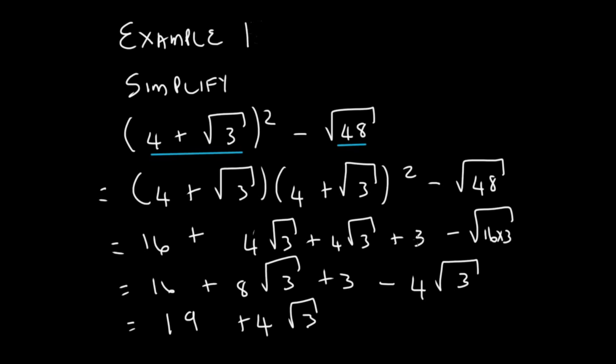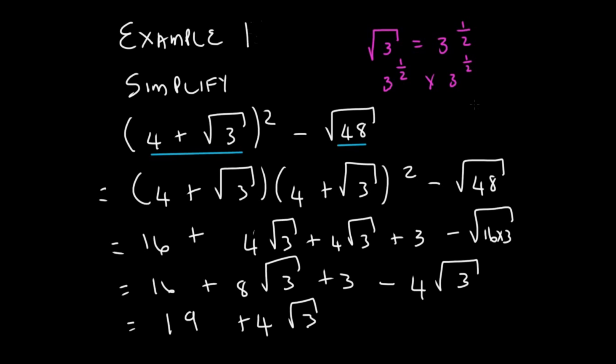Alright, so what I want to do quickly is just show you why the square root of 3 times the square root of 3 gives you 3. So the square root of 3 is the same thing as saying 3 to the power a half. So instead of saying the square root of 3 times the square root of 3, I can also say 3 to the power a half times 3 to the power a half.